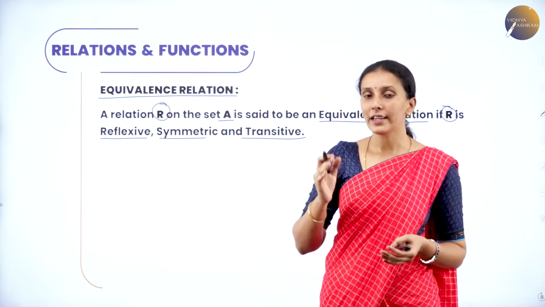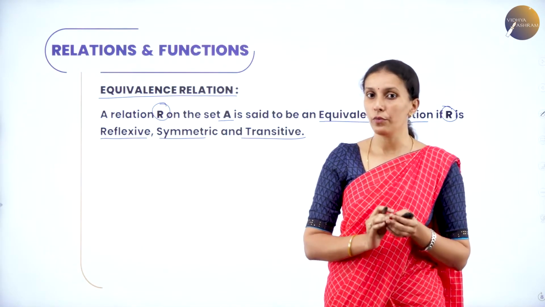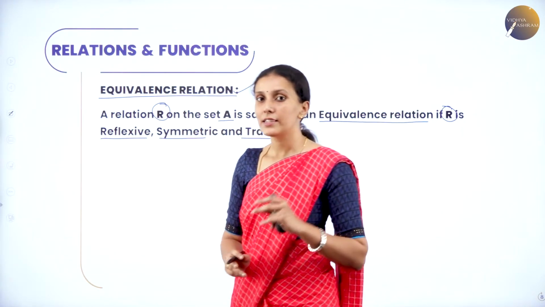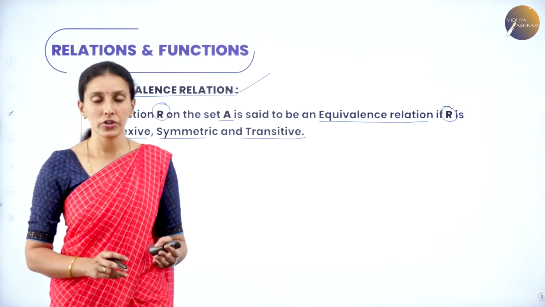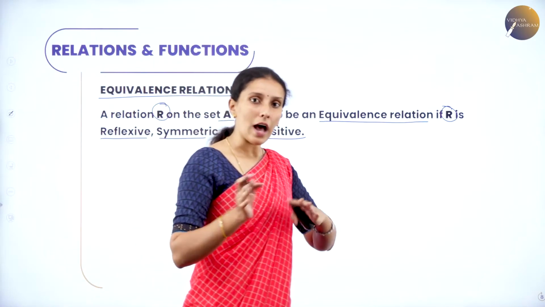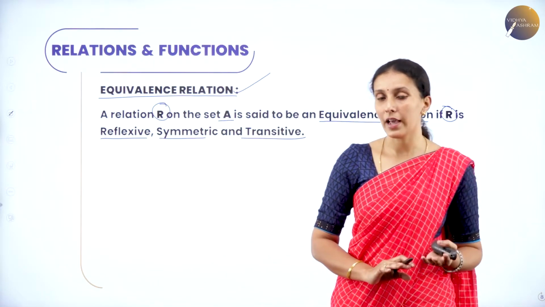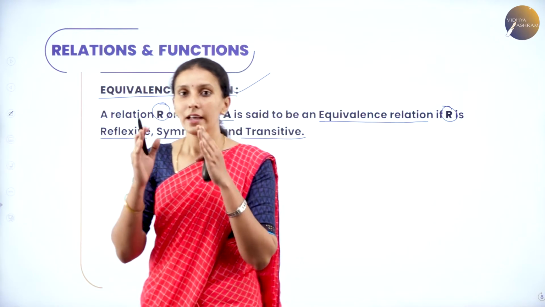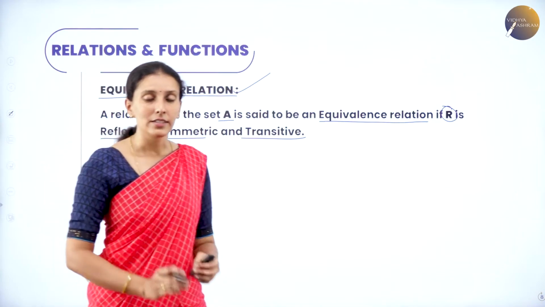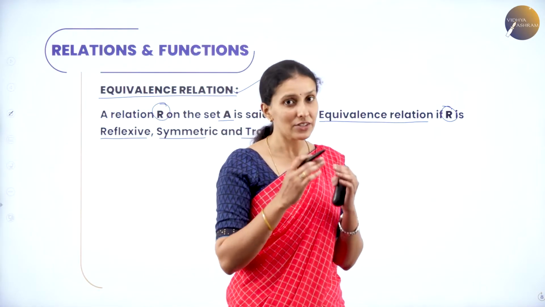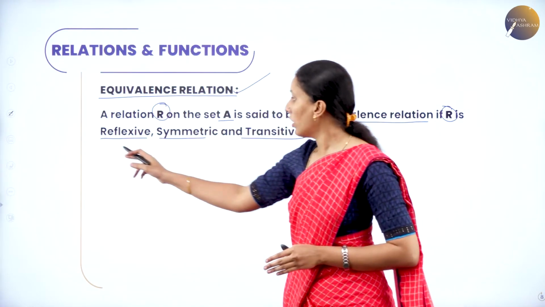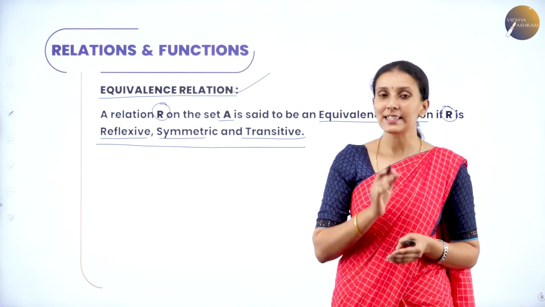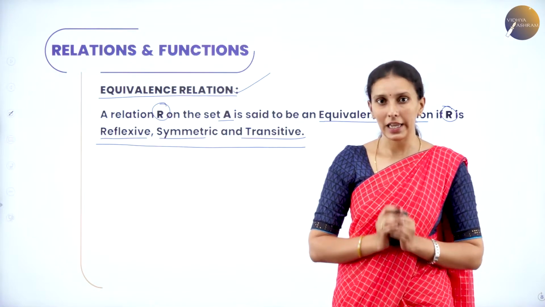If all the three types of relations are satisfied, we call it an equivalence relation. R may be reflexive but neither transitive nor symmetric. R may be symmetric or R may be only transitive sometimes. So, whenever the relation R satisfies the reflexive property, symmetric property as well as the transitive property, when all the three cases hold, then we say it is an equivalence relation.